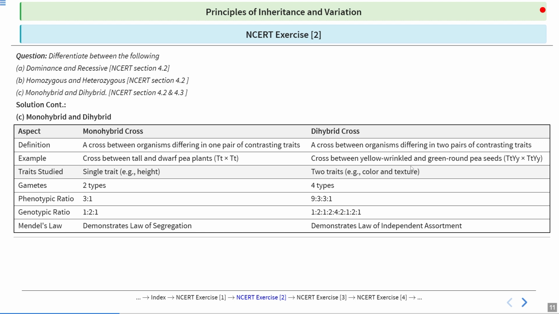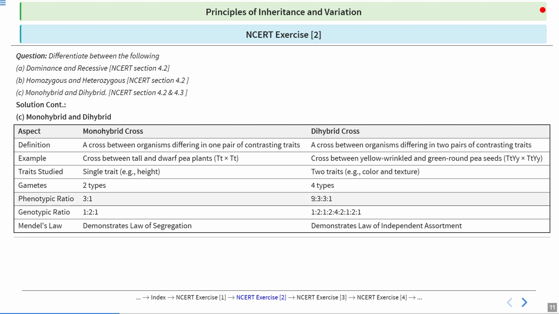There is a formula for calculating the gametes: 2 raised to power n, where n is the number of heterozygous traits present. Here two heterozygous pairs are present, so 2 raised to power 2. Clear?